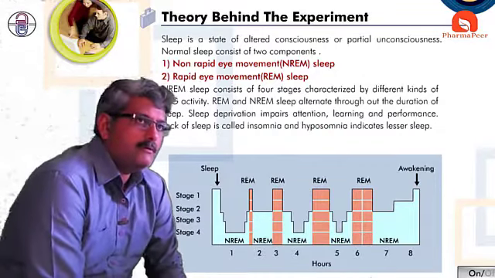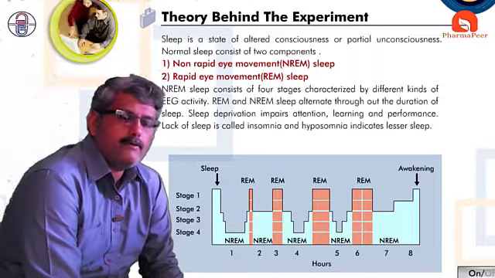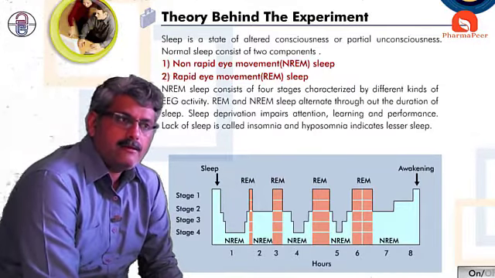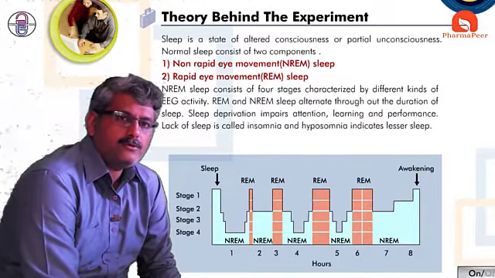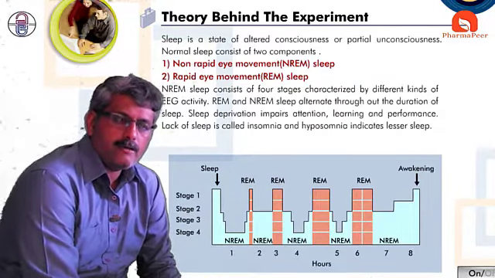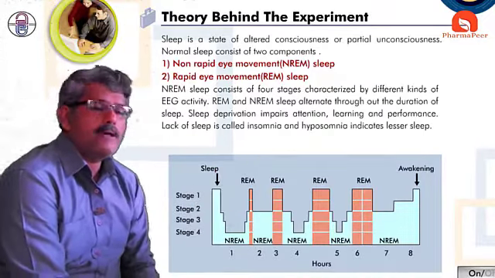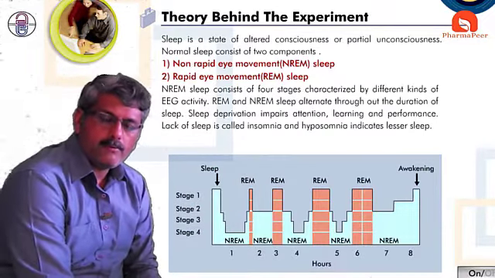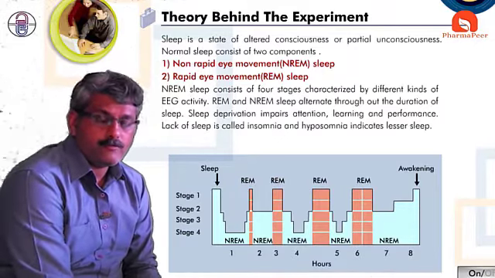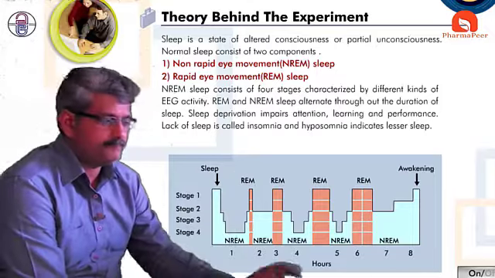We can observe that whenever we have less sleep or improper sleep last night, the next morning we are totally restless. We are unable to concentrate on any work or perform it properly. This is because of the impairment of sleep. So it is a must that we have proper sleep.